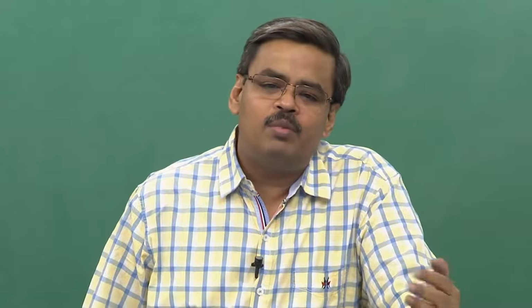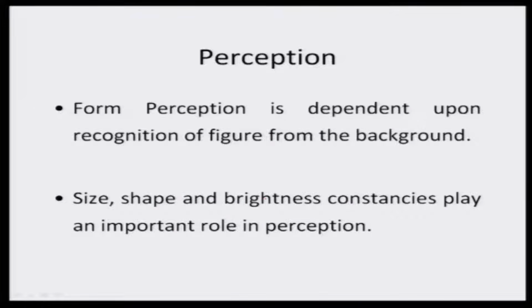Now, let us talk about form perception. Form perception basically is dependent upon recognition of figure from the background. And this basically would mean that certain types of constancies will work: size, shape and brightness.